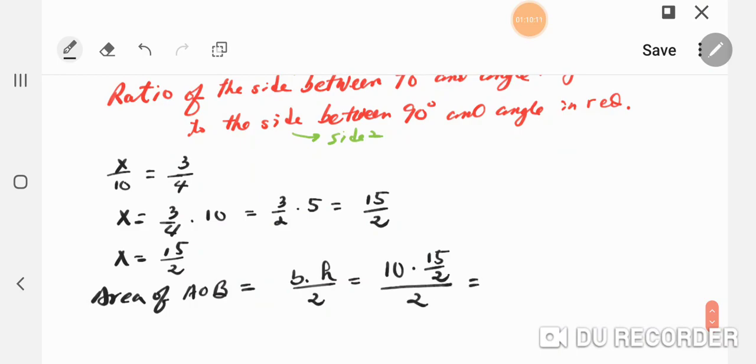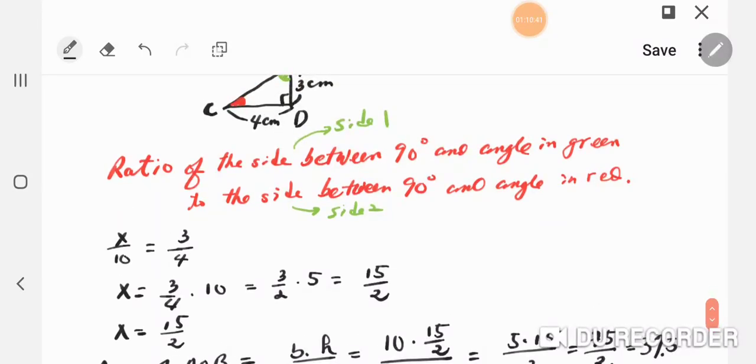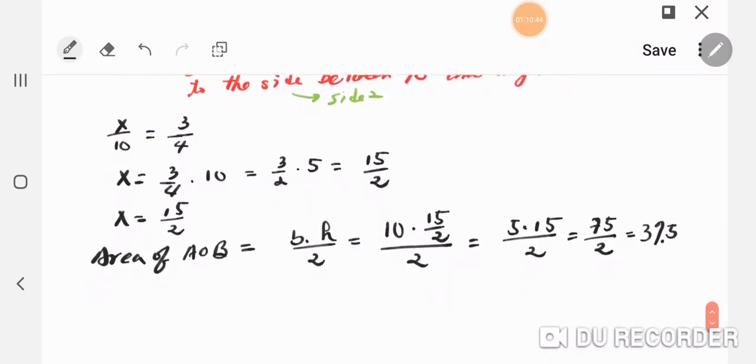Divided by 2, the numerator is 5 times 15 over 2, which is equal to 75 over 2. So 75 over 2 is 37.5. This is in centimeters, so the area will be in square centimeters.